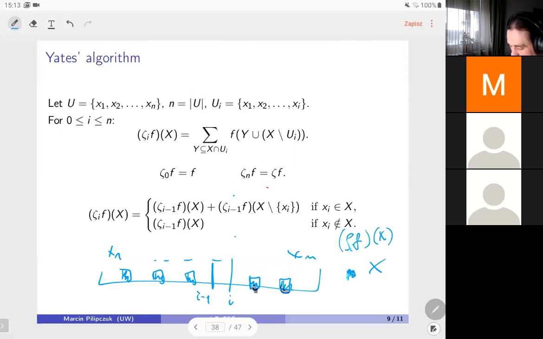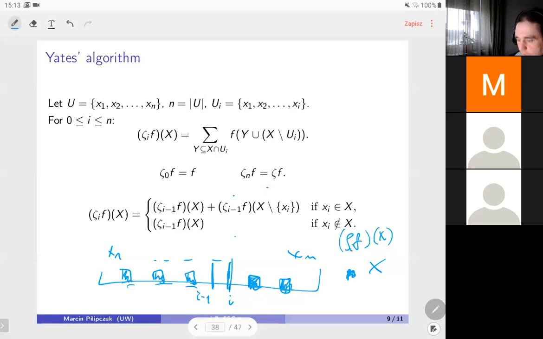This is the sum over all subsets of X that are exactly as X on the right hand side of this bar I, but the guys on the left can be in or out inside my sum. So I'm summing over all subsets here, but I'm keeping these guys fixed.